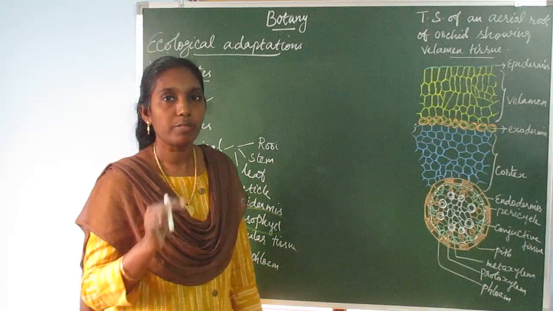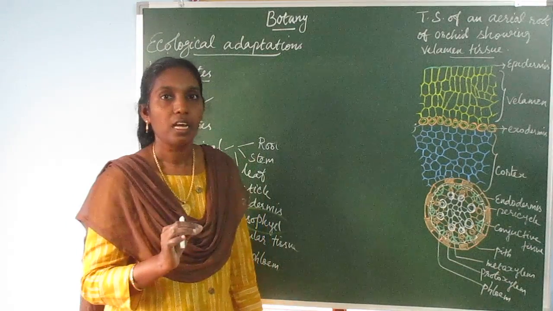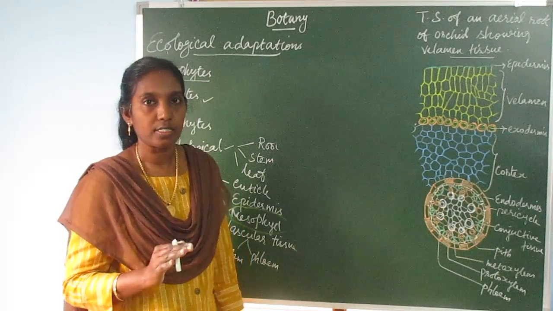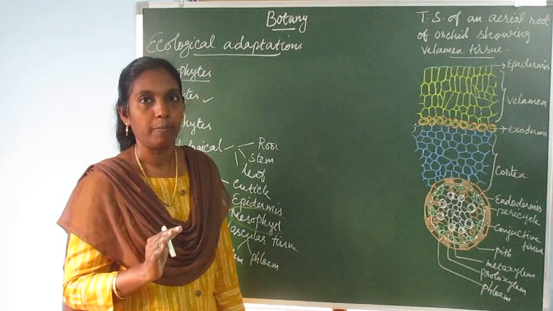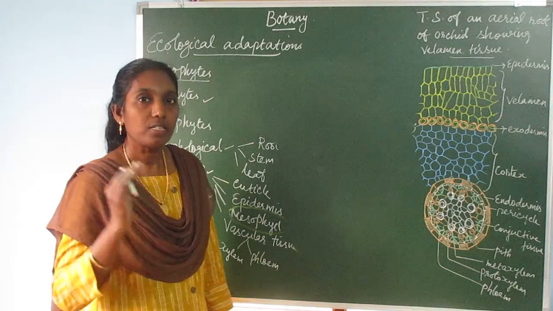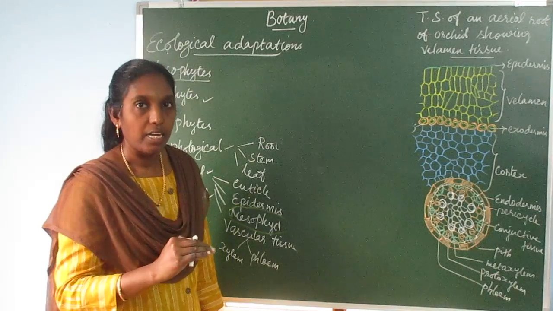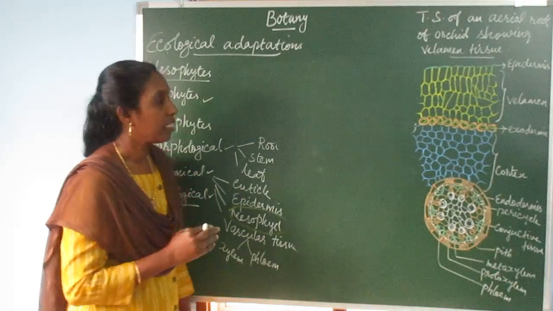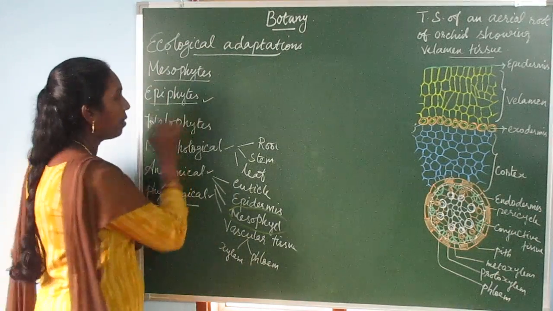These are not like parasites because they have the ability to synthesize their own food. So the photosynthesis process is normal. But only for support, it needs another object. Such plants come under the category epiphytes.